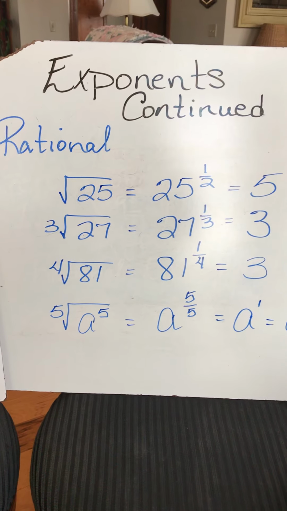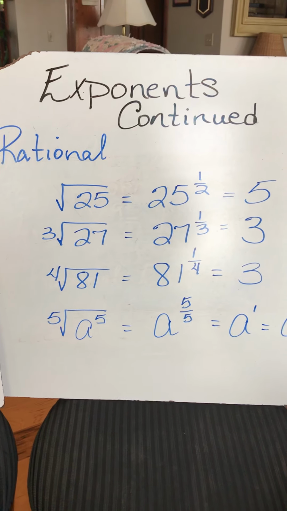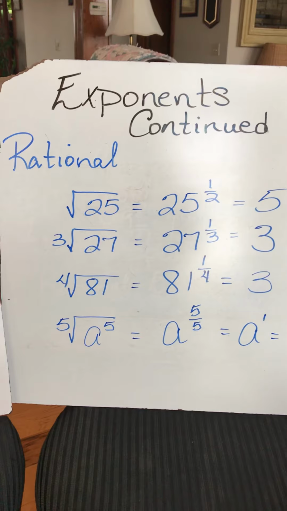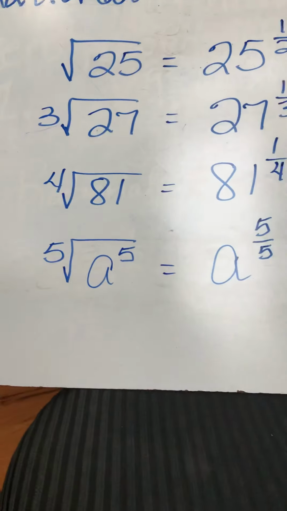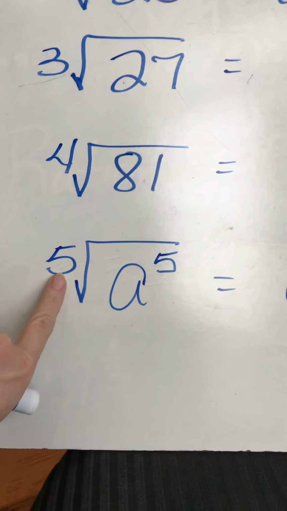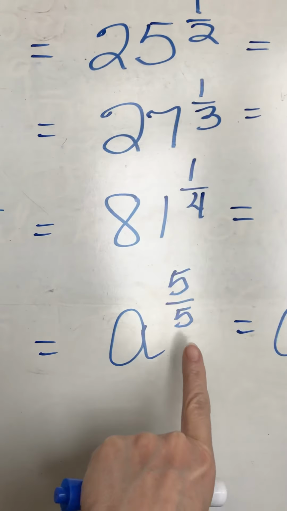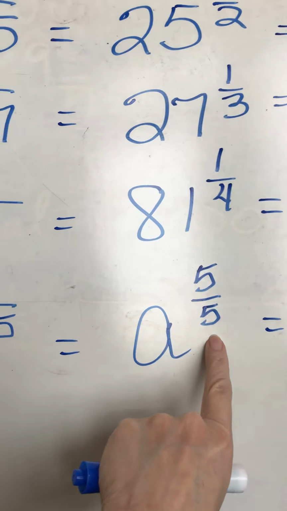Now, I've got one that I threw in that has a variable in it. The fifth root of a to the 5th. Okay, if you think about that, your fifth root is going to be the 5 in the denominator. The a to the 5th power is going to be a to the 5th power.